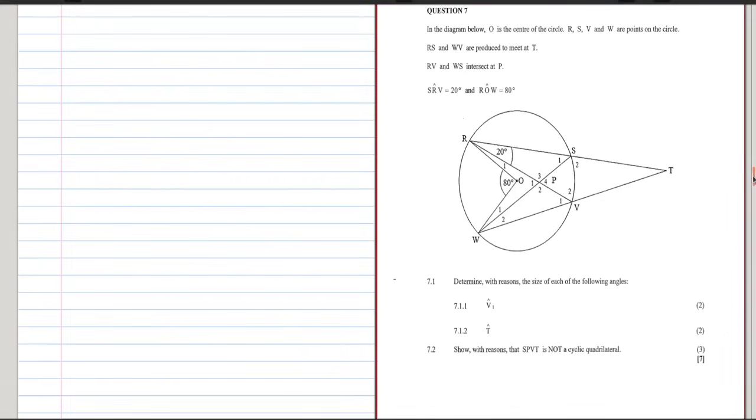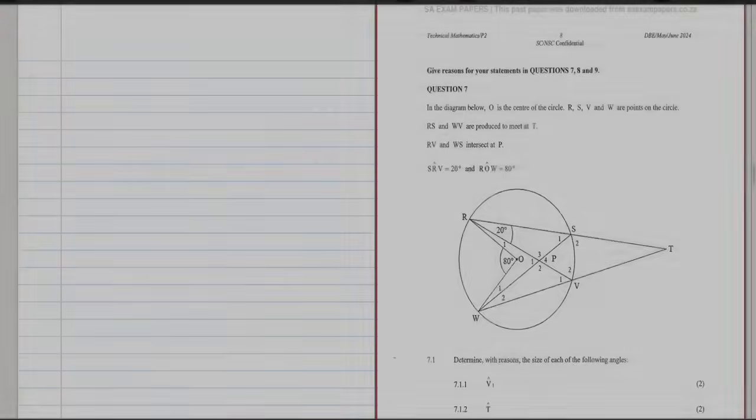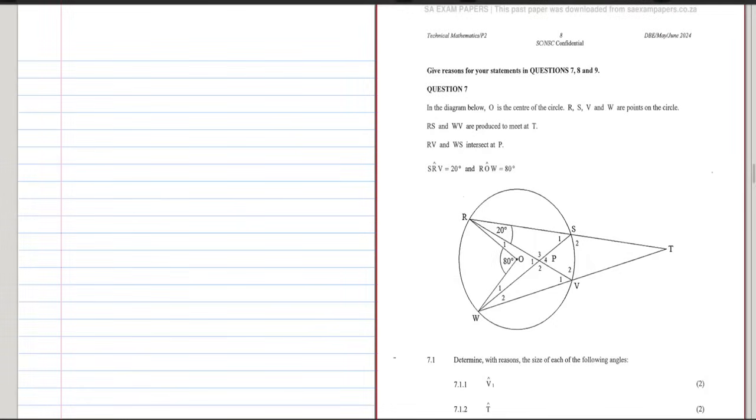Okay, now we are over trigonometry. Now we are jumping to something different, Euclidean geometry. All right, now this question says in the diagram below, O is the center of the circle.